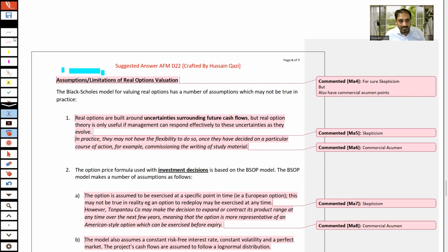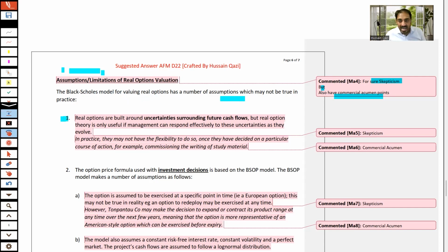Let's start. Number one: assumptions and limitations, for sure skepticism, but also with a commercial acumen point. How? Black-Scholes for valuing options has a number of assumptions.